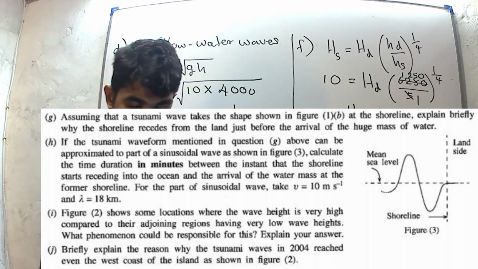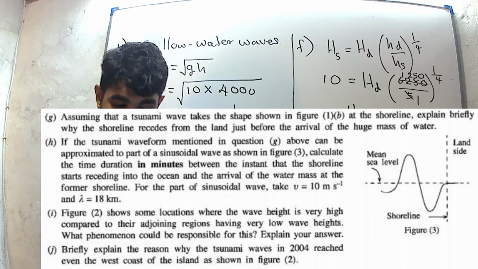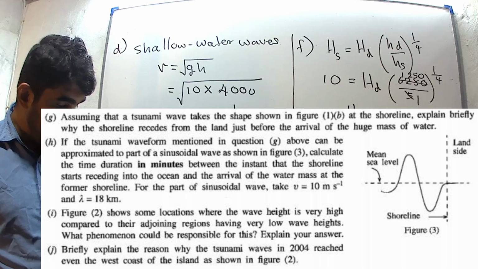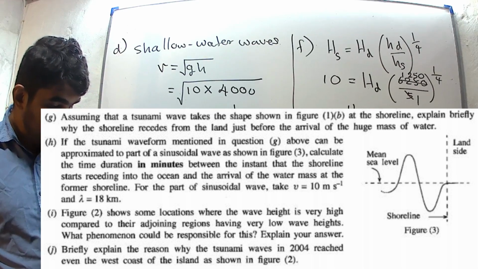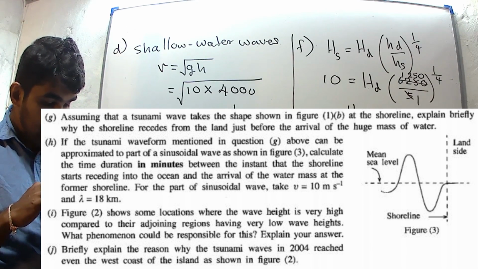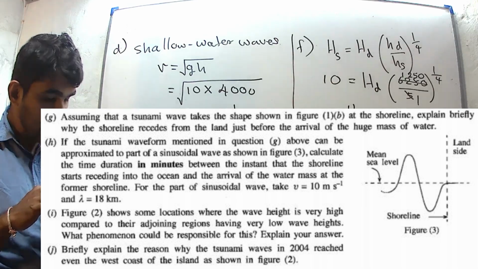Part G. Assuming that the tsunami wave takes the shape shown in figure 1b at the shoreline, explain briefly why the shoreline recedes from the land just before arrival of the huge mass of water.